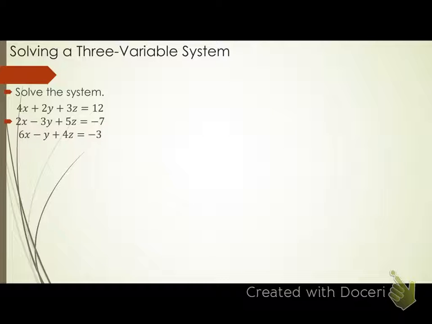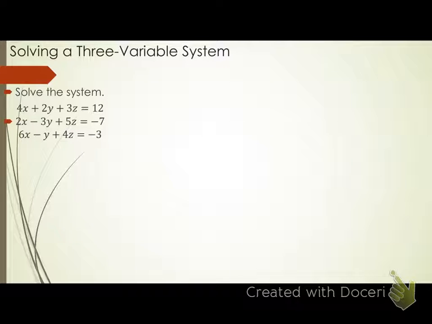So I'm going to pick two of my equations to use elimination with, and then I'm going to pick another two to use elimination to get two equations and two variables. So what looks like it's probably going to be the easiest to eliminate? Which one probably has the smaller numbers?